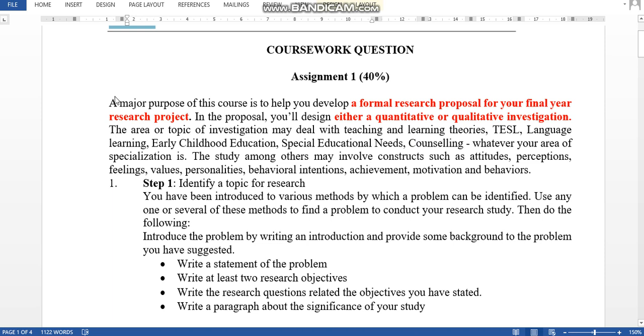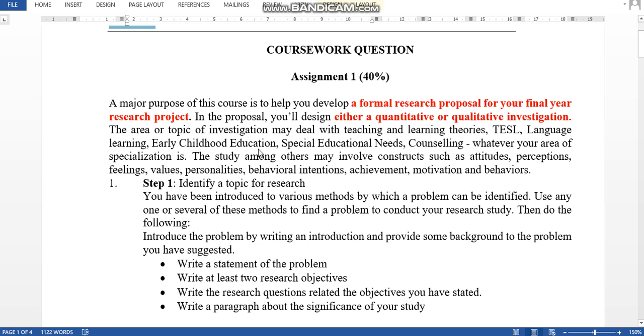As you can read on the first line here, this assignment is to help you learn the skills and get the knowledge on how to develop a formal research proposal to assist you when you are doing your research project in the final semester.